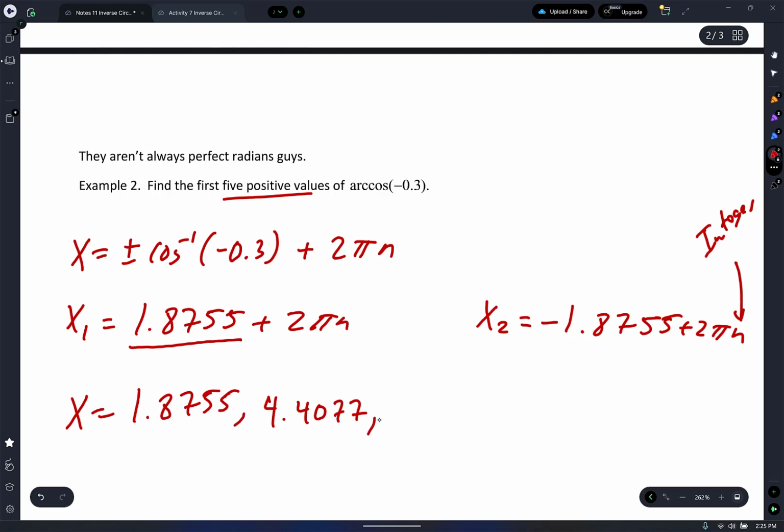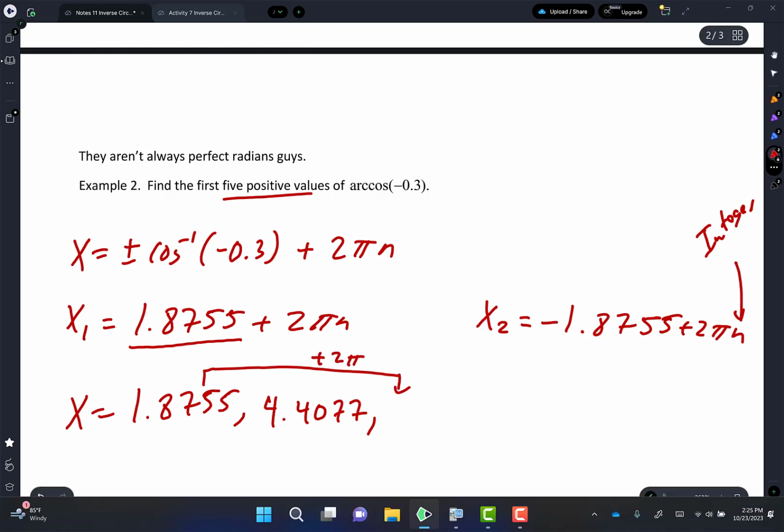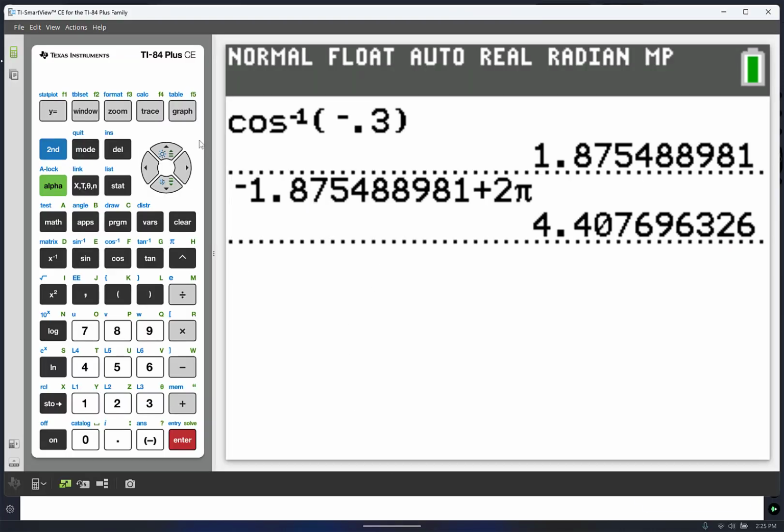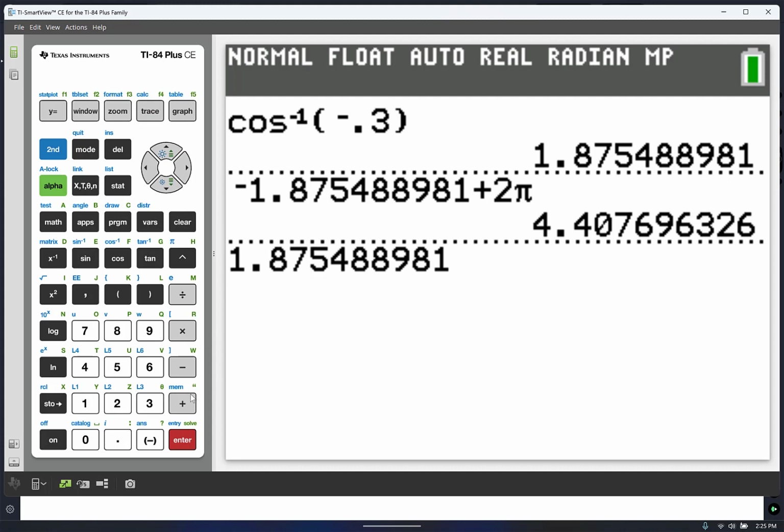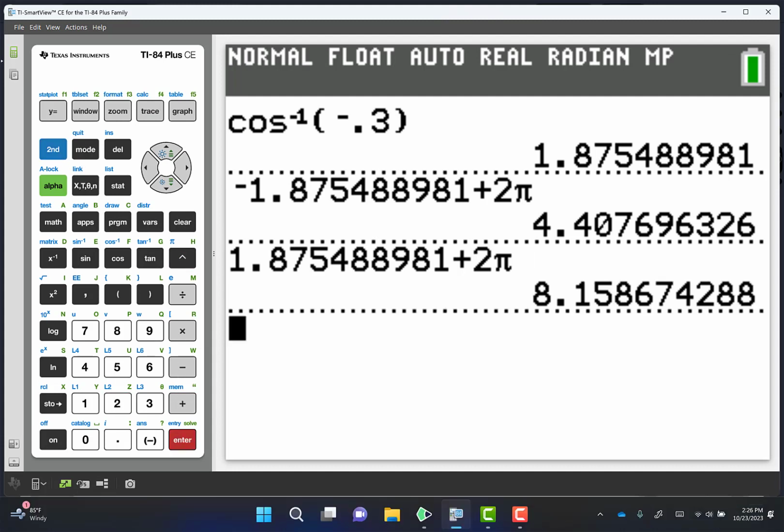There's my second one. My third one is going to come from the 1.8755. So take this one and add 2 pi. See, it's coming from the x1. I scroll up, enter, plus 2 pi, enter. 8.1587.